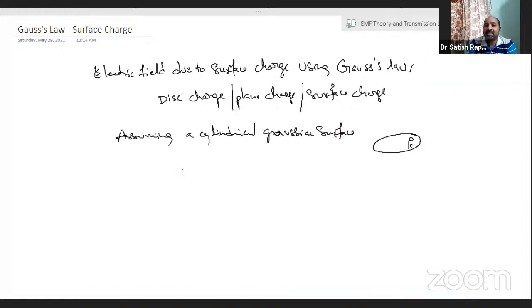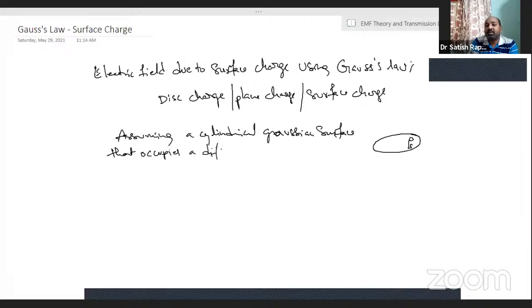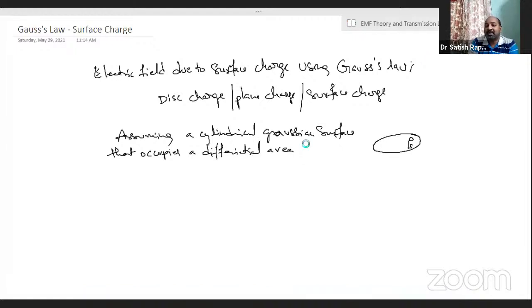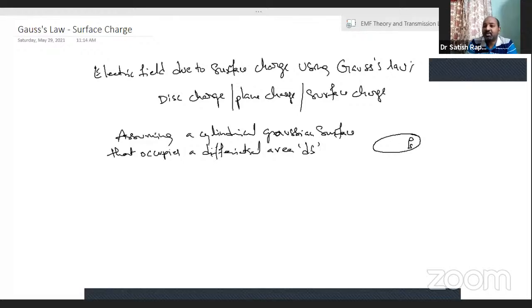Assume a cylindrical Gaussian surface that occupies a differential area dS, right?